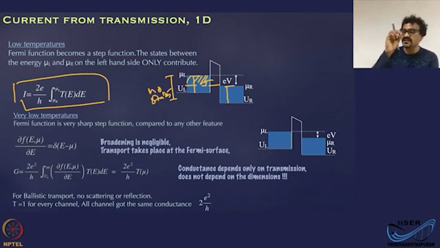So the states are available only in a very thin window. So dF by dE, the derivative of the Fermi function, is a step function because the Fermi function is a very clear sharp step. So the derivative will be a delta function, delta of E minus mu. What that means is transport is going to take place only at the Fermi surface.